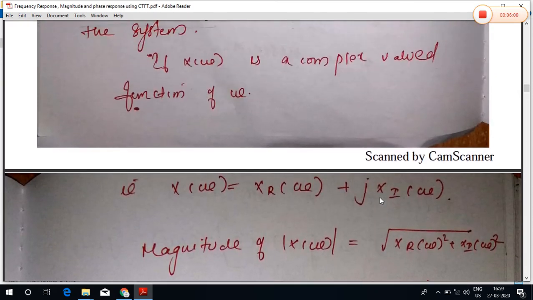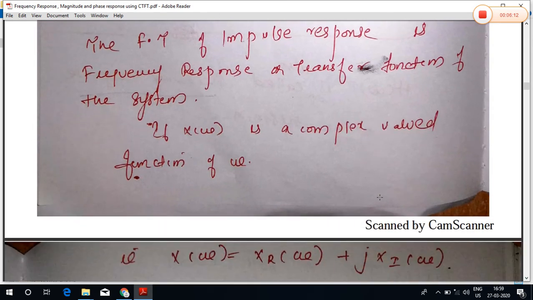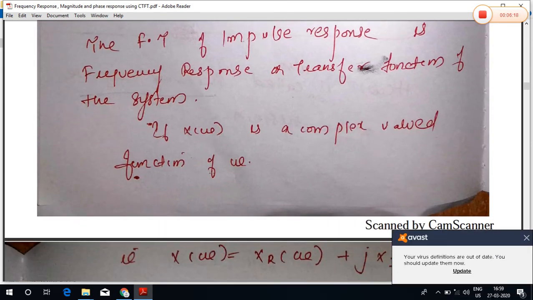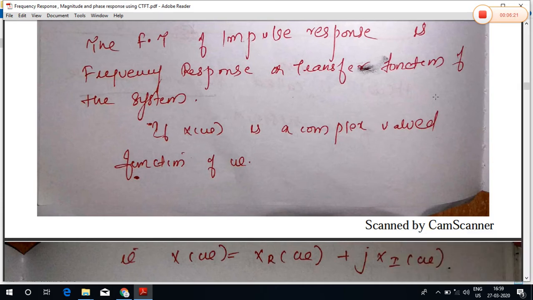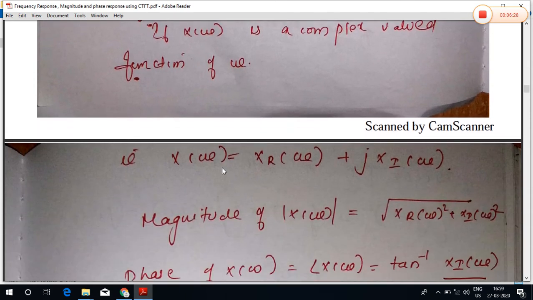So in order to find mod x of omega, whether it be h of omega or x of omega, we are just generalizing it by the term x of omega. If it is a complex valued function of the form x of omega is equal to real part plus j imaginary part, then the magnitude is root of real part square plus imaginary part square.